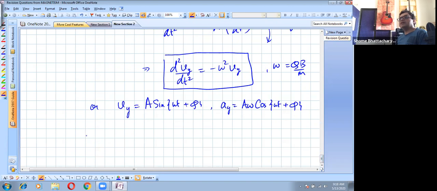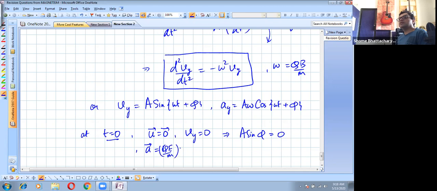Now we can see that at t equal to 0, initial velocity was a null vector, so Vy was 0. So that means my A sin phi is 0. And at t equal to 0, my acceleration vector was just the electric field's acceleration. So it was QE by M j cap.